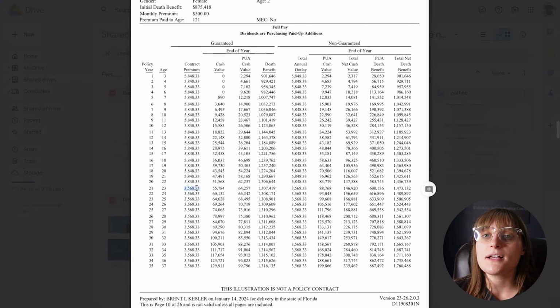It is possible, if you ever needed to, you can always reduce down your premium, because the paid up addition riders, or PUAs for short, are not a mandatory premium to keep the policy alive and active. So here, if Monroe ever wanted to, she could reduce her premiums by 40%. So instead of $500 a month, $300 a month would be that minimum to keep that policy alive and active.